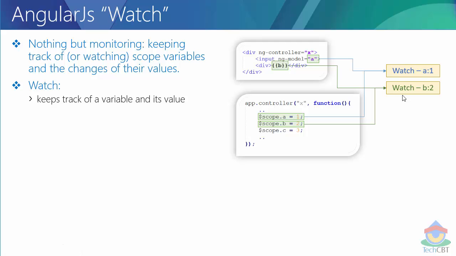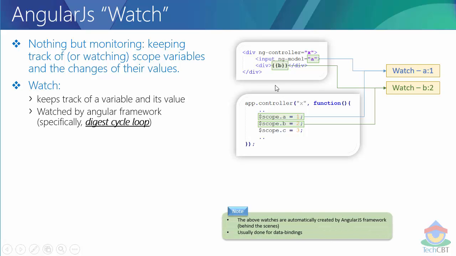AngularJS automatically creates the watches for each of those scope variables which are being used as part of data binding. As I mentioned, the above watches are automatically created by AngularJS, and those will be used by the digest cycle loop, which we are going to cover in upcoming videos. For now, let us just consider it is being used by some other feature of AngularJS.